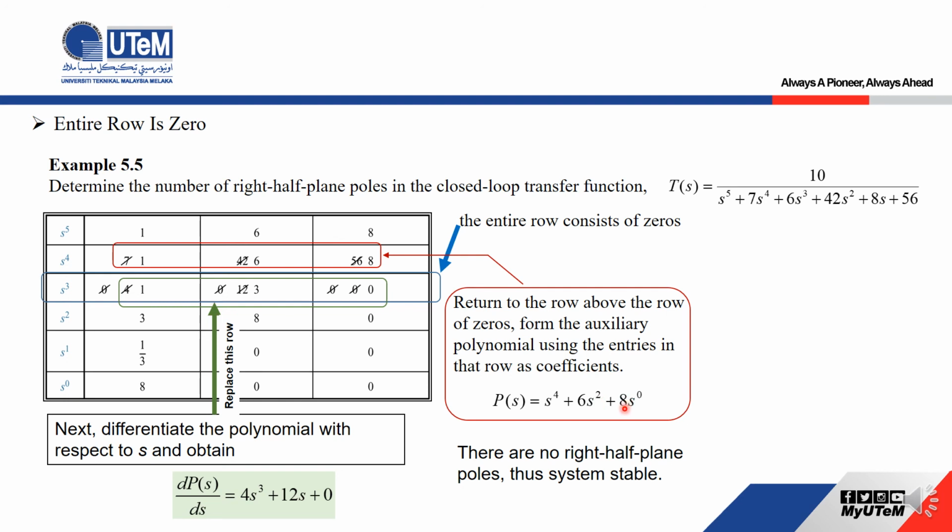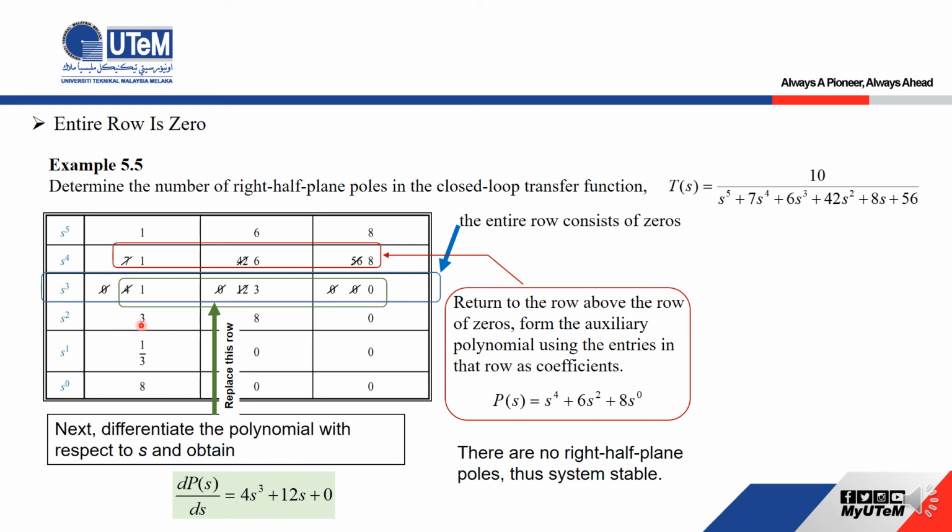In order to fill this row, we have to differentiate this auxiliary polynomial equation. By differentiating, we get 4 s to the power of 3 plus 12 s plus 0. Then we put these values in this row.